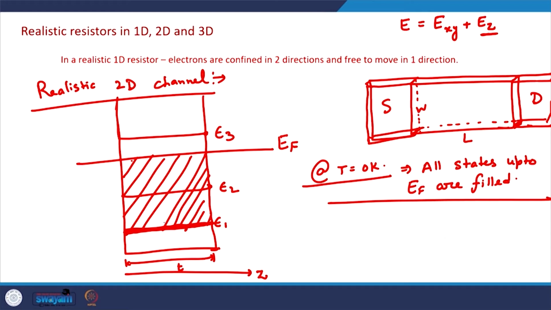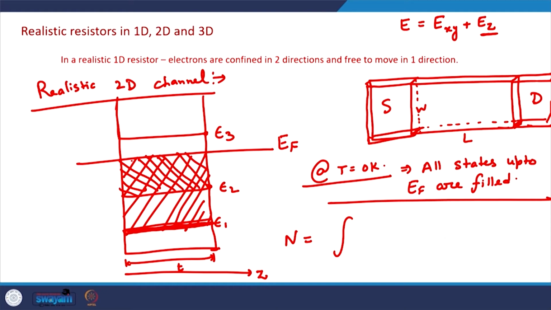So in this particular case, there are two discrete states below EF. So there can be two subbands in the system, and the number of electrons in the system will be because of this subband and because of this subband, which means that there are two configurations of electrons possible in this system.